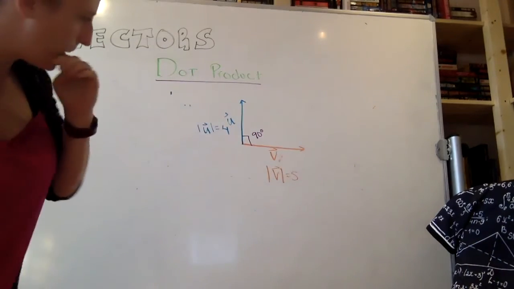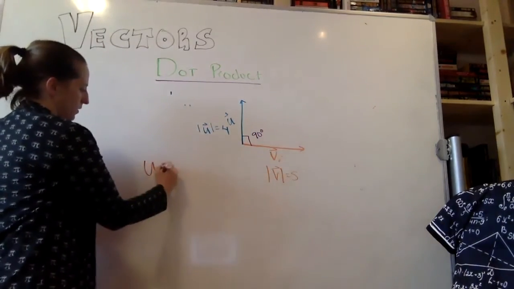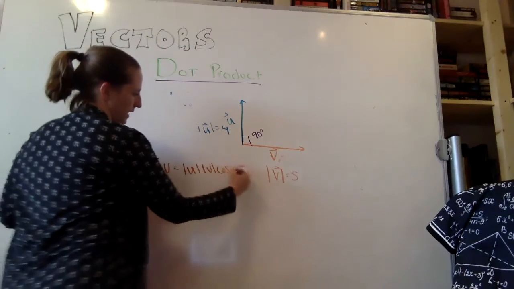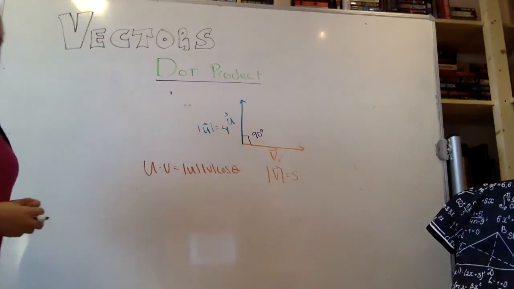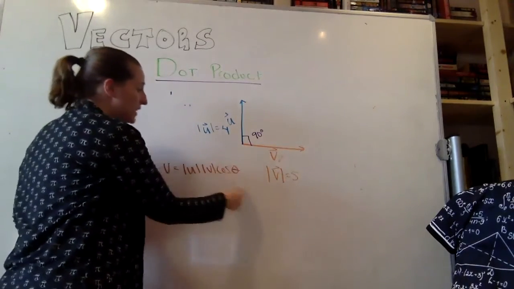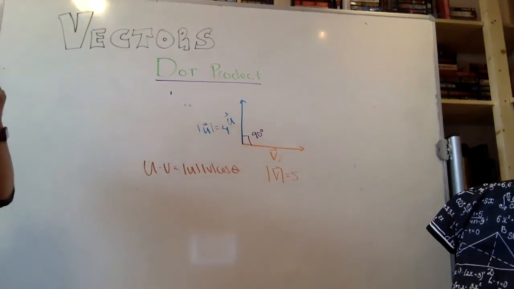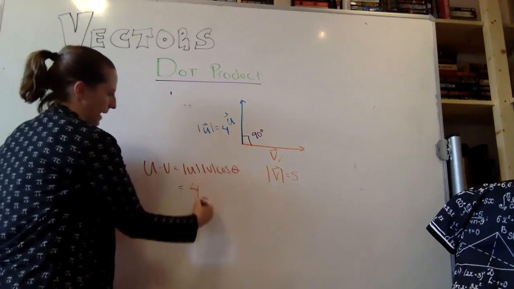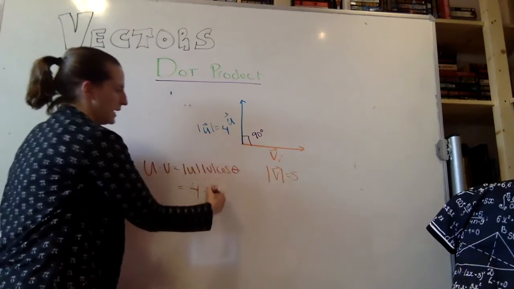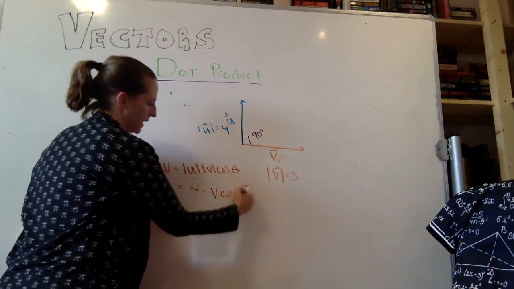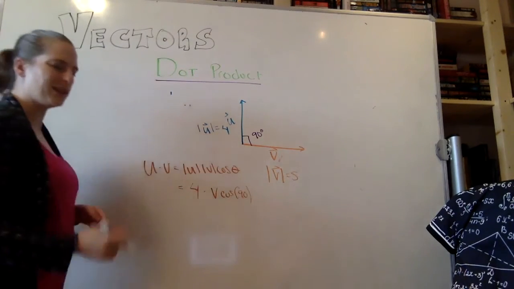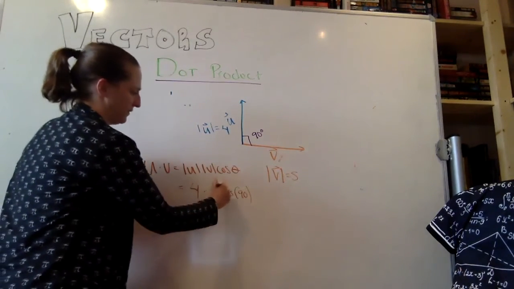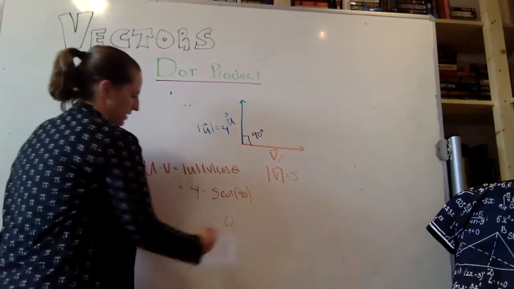So using that dot product formula, U dot V equals magnitude of U times magnitude of V times cosine of the angle between them. I called it alpha before because I already had thetas running around, but I'm going to use theta because that's the common angle notation. So what does this say? Well, this will be 4 times 5 times cosine of 90. What's cosine of 90? The cosine of 90 is 0. So this is 4 times 5 times 0, which is 0.